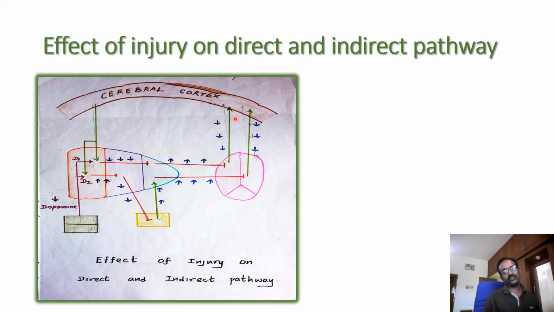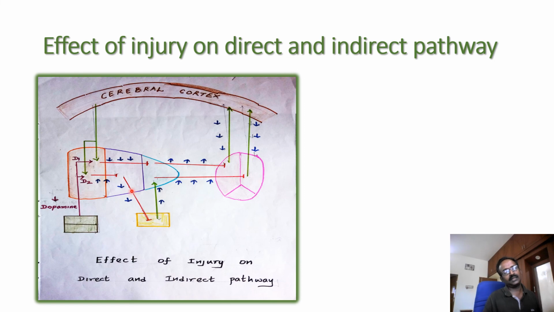Another important feature in Parkinsonism is the rigidity. The cortex inhibits the muscle tone. Here the cortex is less stimulated, so it increases the rigidity. The hypokinetic movement and the rigidity are due to the release of less dopamine in the nigrostriatal pathway.